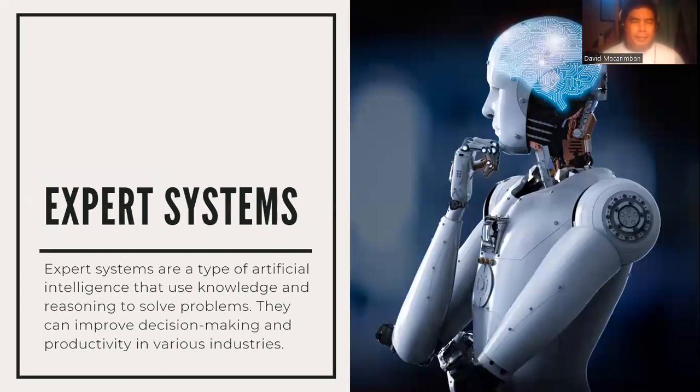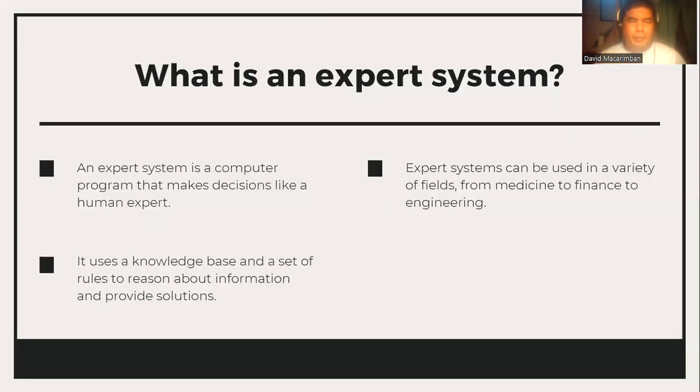Expert systems are a type of artificial intelligence that use knowledge and reasoning to solve problems. They can improve decision making and productivity in various industries. So to know well about the expert system, we have to define it.